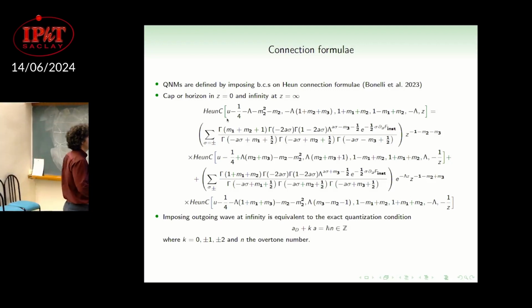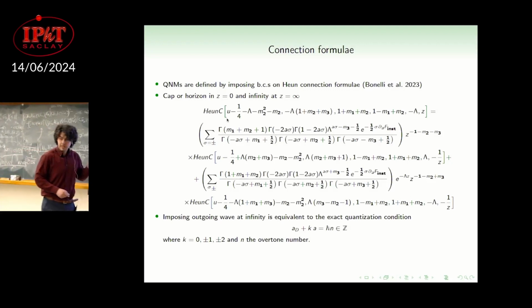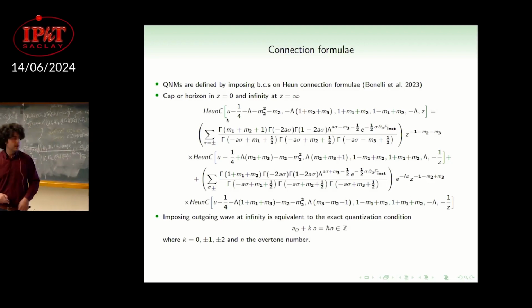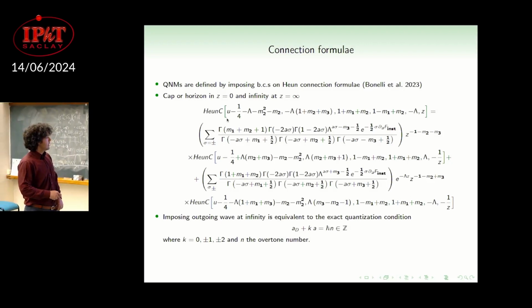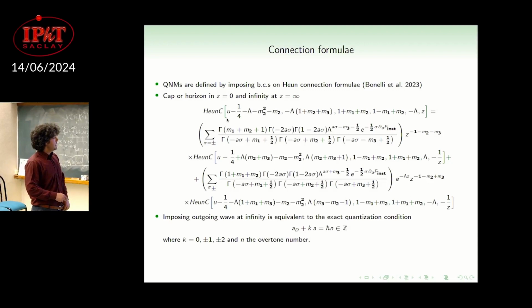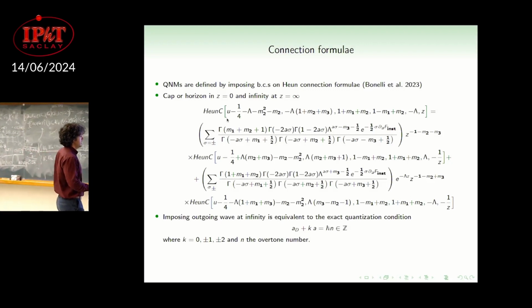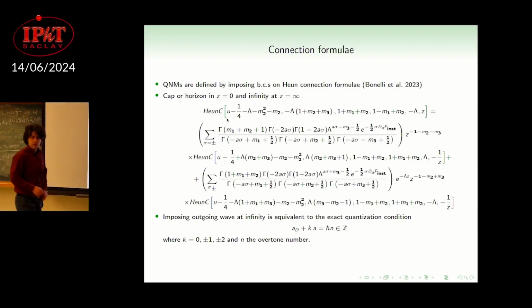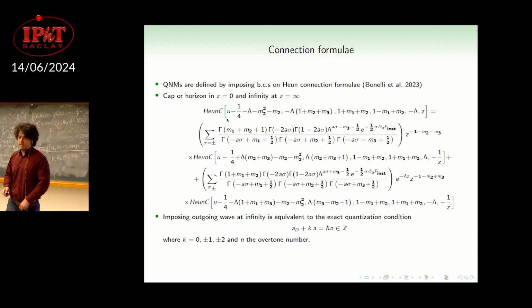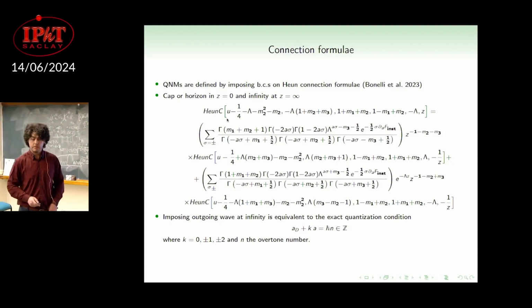Now, by imposing that at infinity you have only outgoing waves, this translates into imposing a quantization condition involving a dual, always a dual, and sometimes some shift of A. And this quantity is quantized in terms of this integer that can be interpreted as the overtone number.